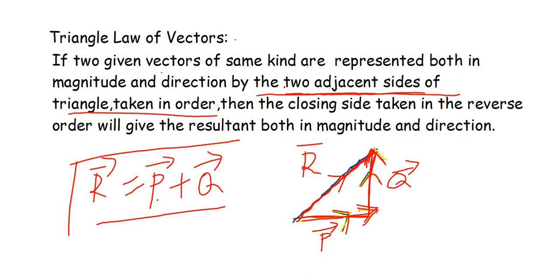Then the closing side in the reverse order represents the resultant both in magnitude and direction. This is the triangle law of vectors. What is the resultant vector? R bar is equal to P bar plus Q bar. The resultant vector is the addition of the remaining two vectors.